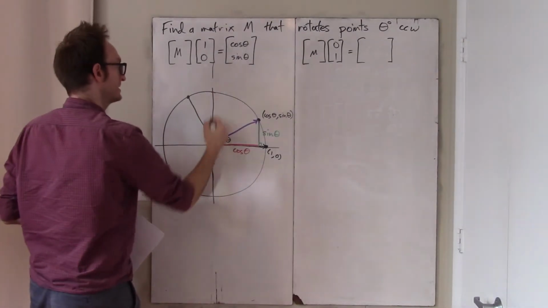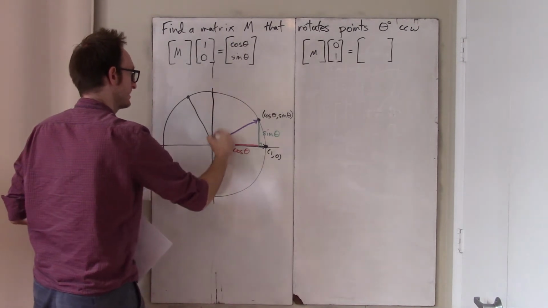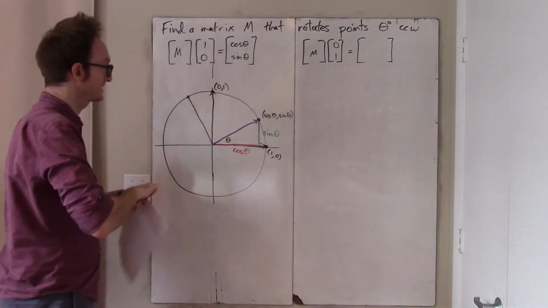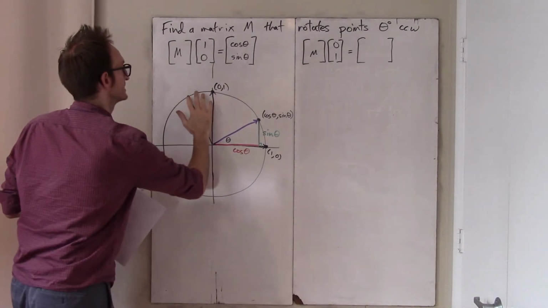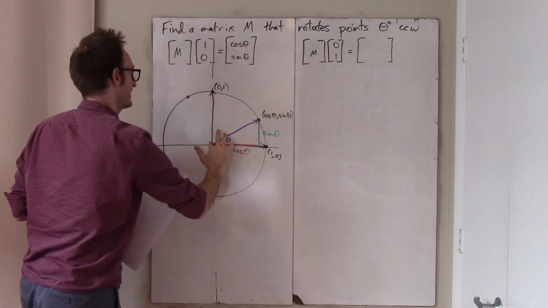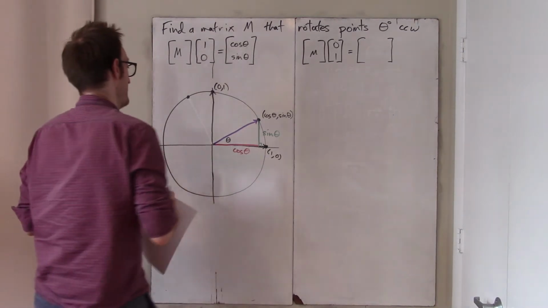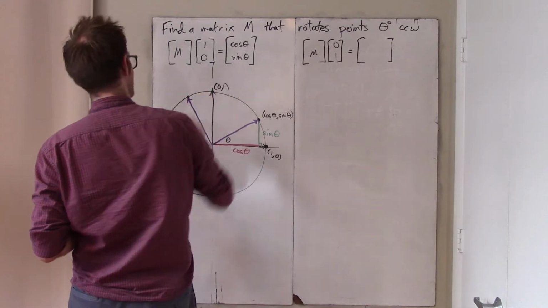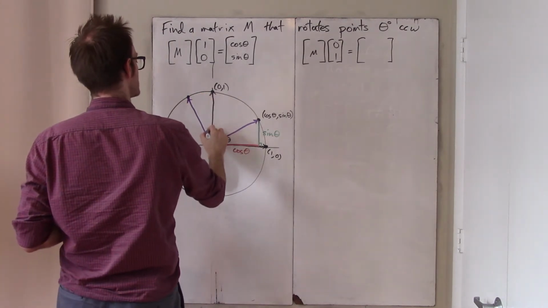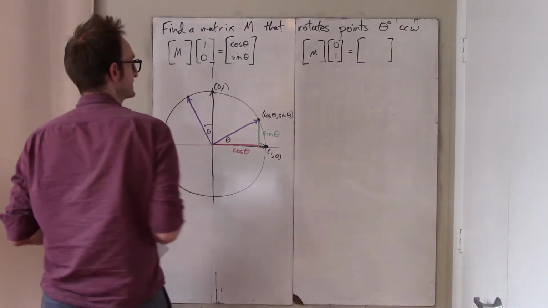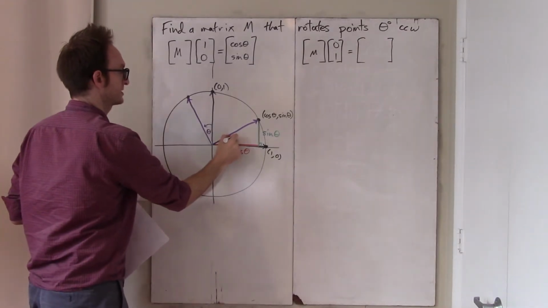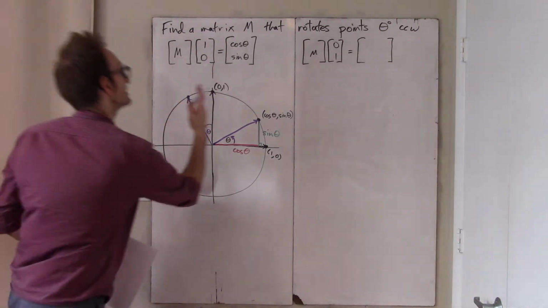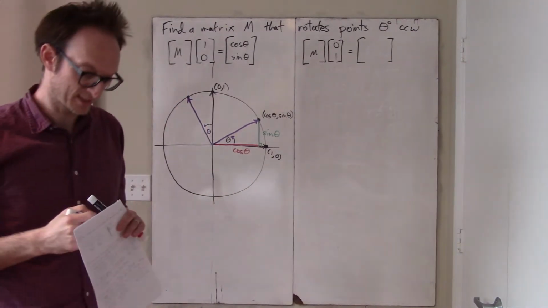And okay, so I was here at the point (0, 1), and then I rotated by theta degrees. And if I rotate by theta degrees, I end up with this purple vector. And what do I have to say about this purple vector? Well, this was theta degrees from the x-axis, and this was theta degrees from the y-axis.